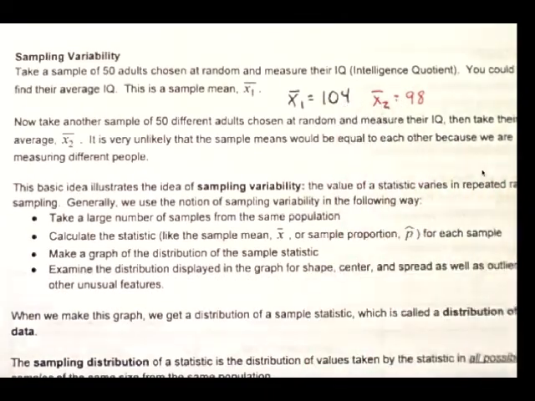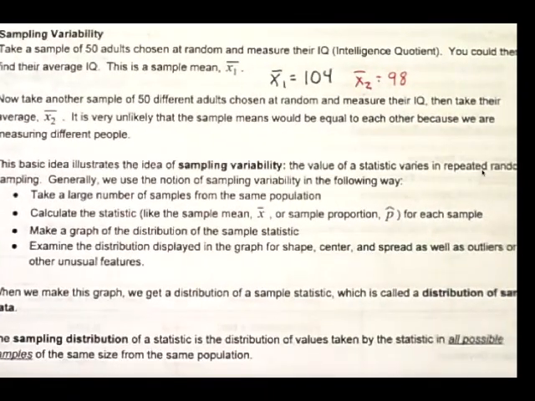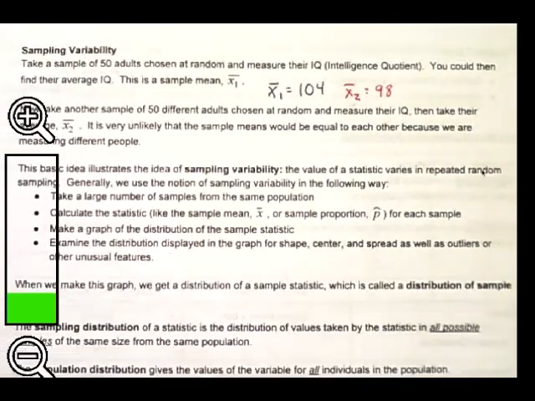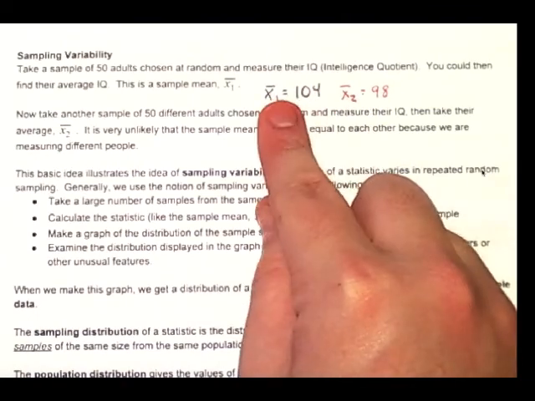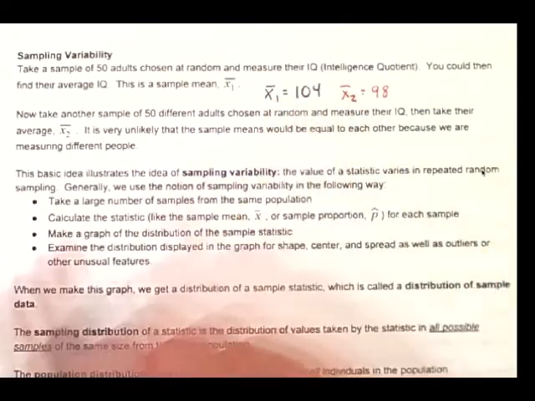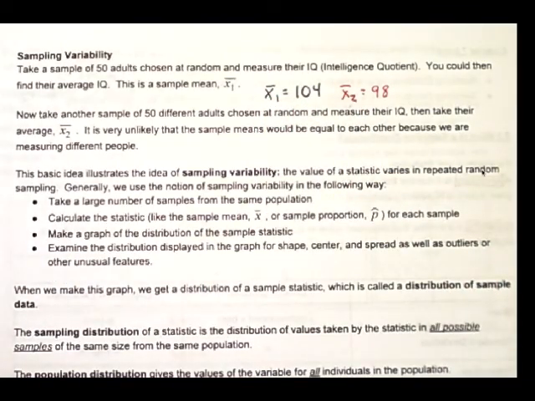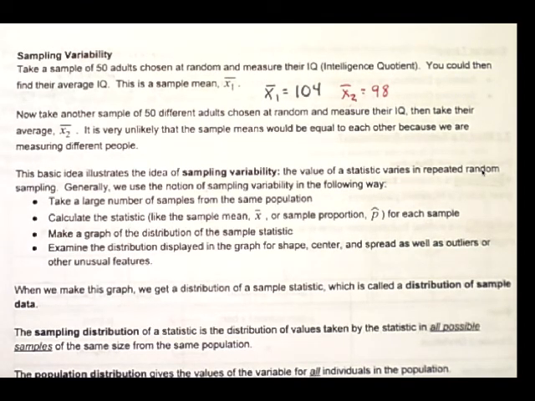So what does this idea tell us? It says this basic idea illustrates the idea of sampling variability, that the value of a statistic, like X bar, varies or changes in repeated random sampling. Generally, we use the notion of sampling variability in the following way.